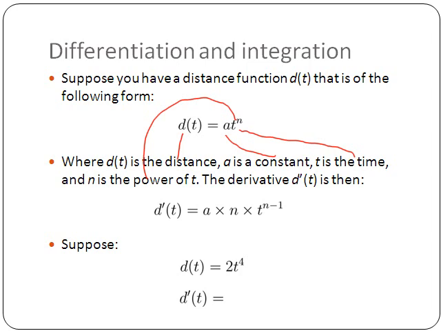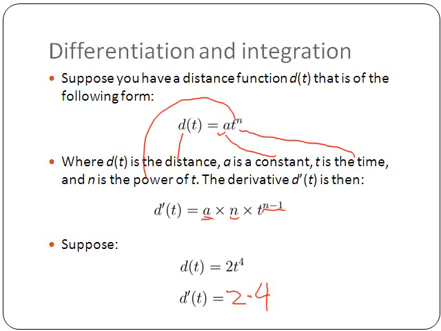Now, if this is our function, d of t is equal to a t to the n, the derivative d prime of t is going to be written like this: a times n, we took the n from the top and brought it down, times t to the n minus 1. Let's suppose we've got an example here. d of t is equal to 2t to the 4th. So d prime of t, well, the a is still out front, so it's still going to be 2. But 2 times, what's next? Times n. n is the power of t, so that's 4 on this one.